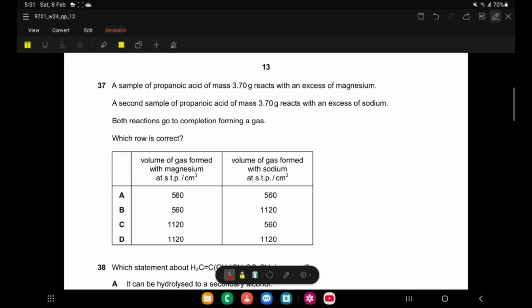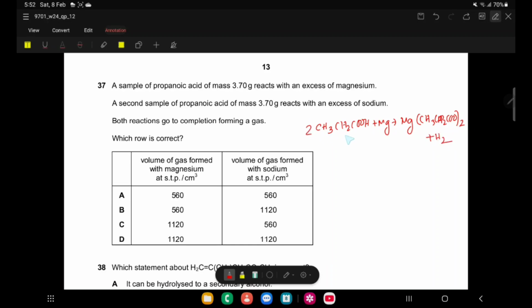First, you need to know the balanced chemical equation for both of the reactions. Propanoic acid, that means 3 carbon acid, with magnesium. Magnesium is 2 plus and this acid is monoprotic, so we get (CH3CH2COO)2Mg plus hydrogen gas.